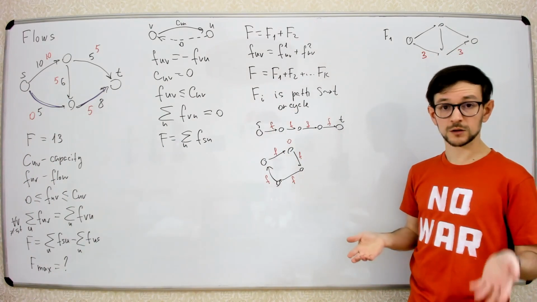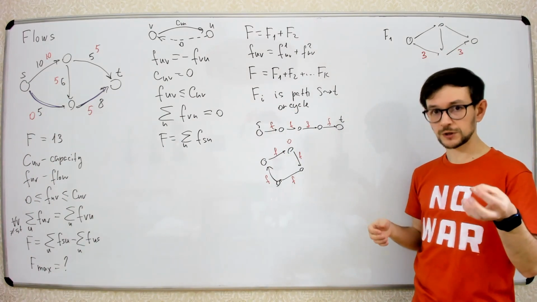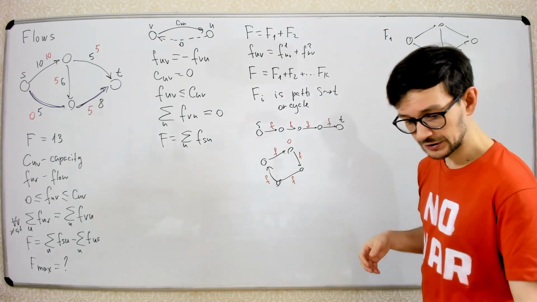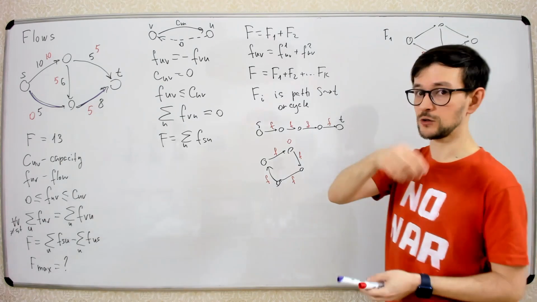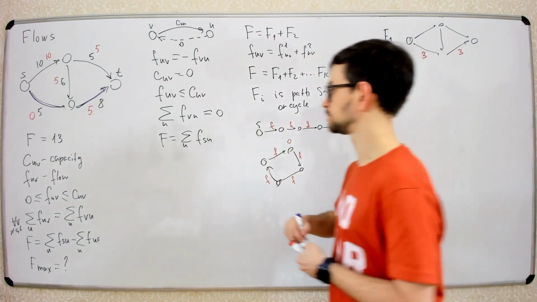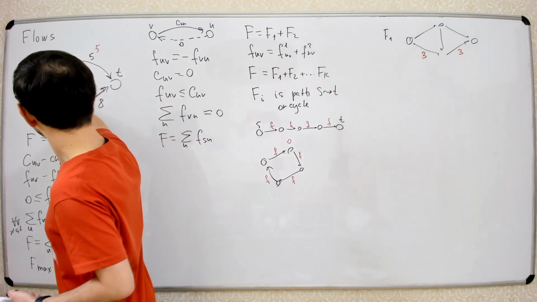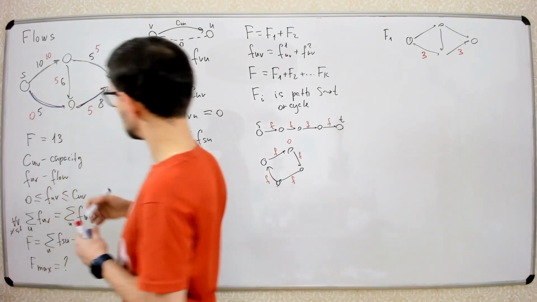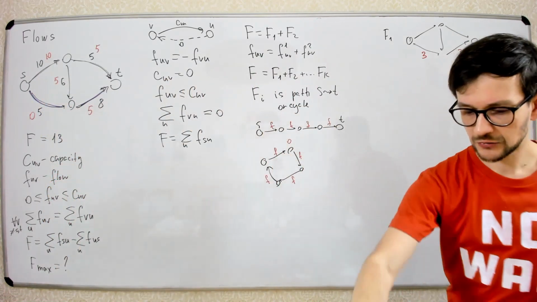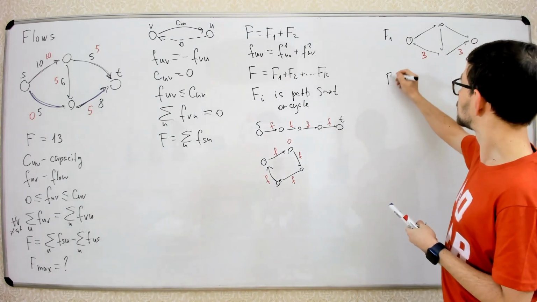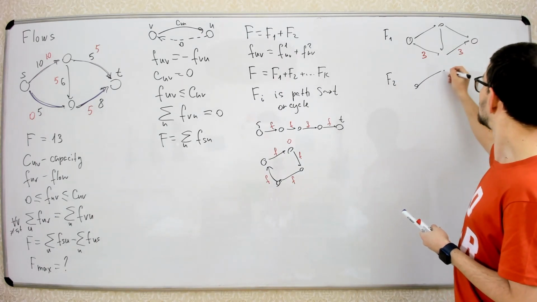Now do it again. Again, you start from the source node, take any positive flow from the source node and continue until you reach the node T. So start from here, take this edge, take this edge. The minimum is 5, so the second flow f2 will be like this.